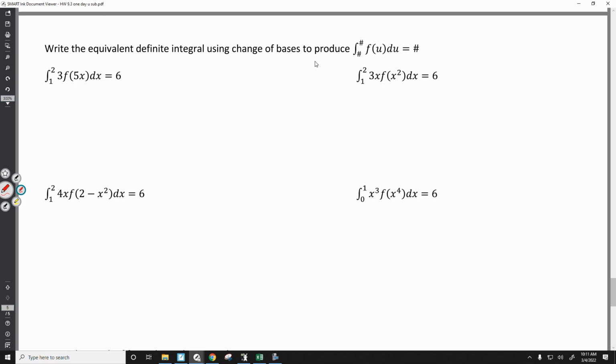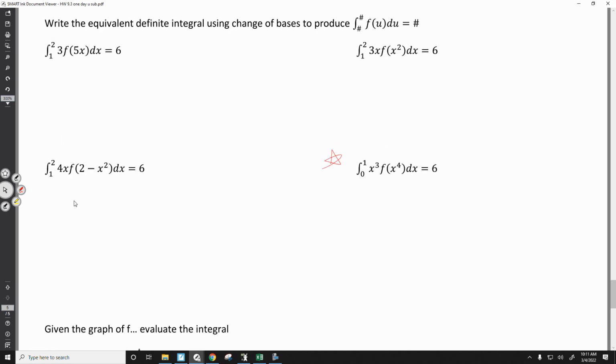Rewrite this one. Everybody, let's practice. Rewrite this one as an integral of f of u du, where you figure out what this number is, what this number is, and what this number is. This is the last page of your homework, the bottom right one.